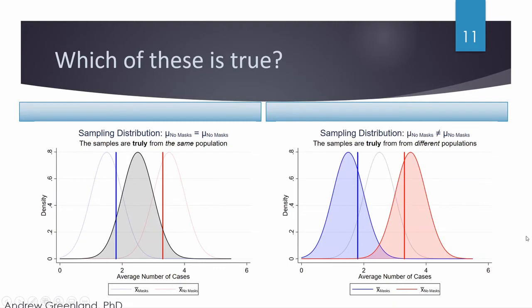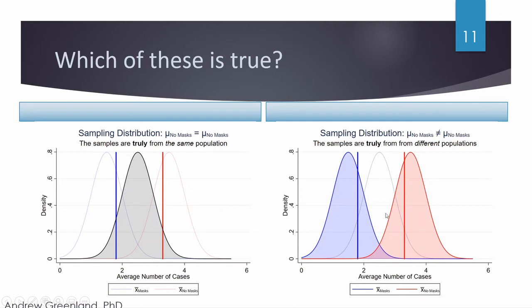The alternative possibility is that the population means, here in blue, we're going to have the population that wears masks, and red is the population that wears no masks. We would say that the population means are actually truly from different populations. That is, the exposure rate is different. Therefore, the likelihood of getting COVID is different in each of these two populations.